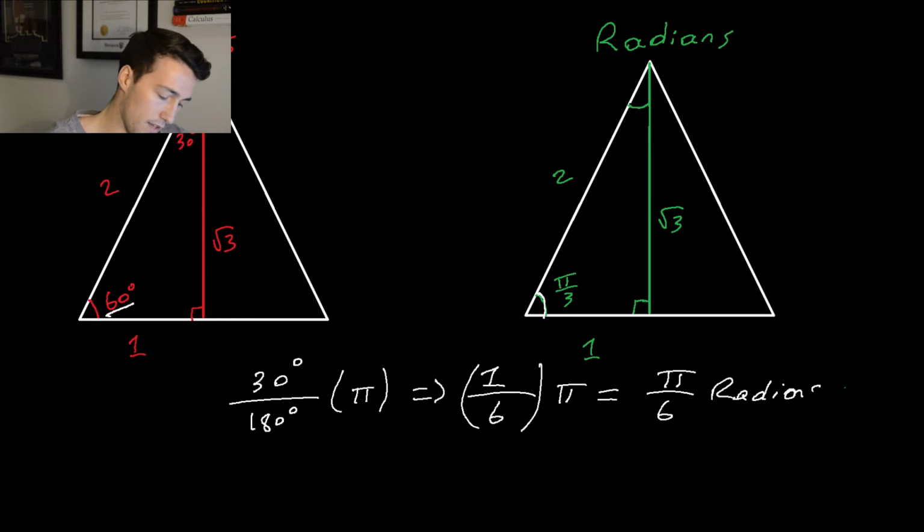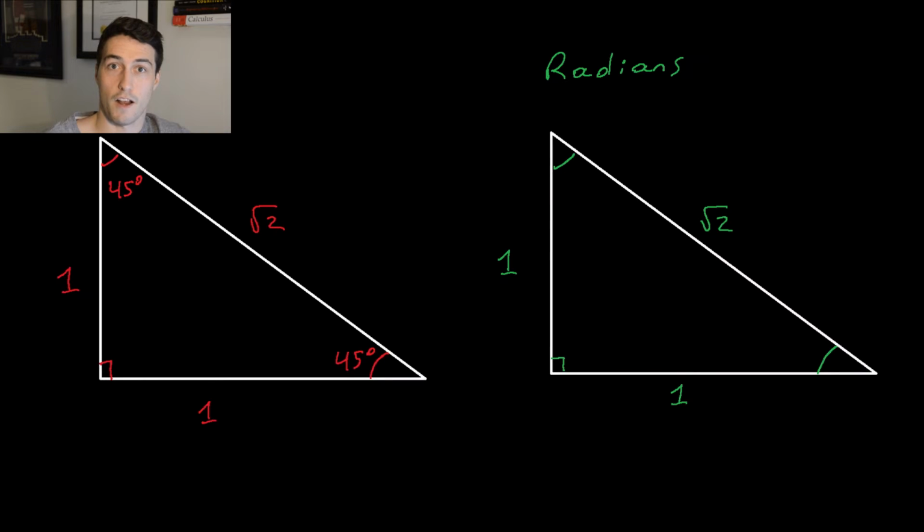So I can write this 30 degree angle in radians as pi over 6. And now we have our 30, 60, 90 triangle in terms of radians. So it's really our pi over 3, pi over 6, pi over 2 triangle, because this 90 degrees here is pi over 2.